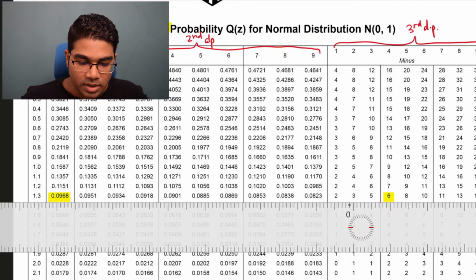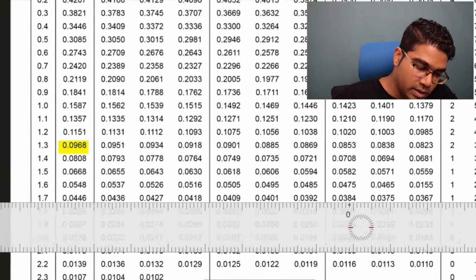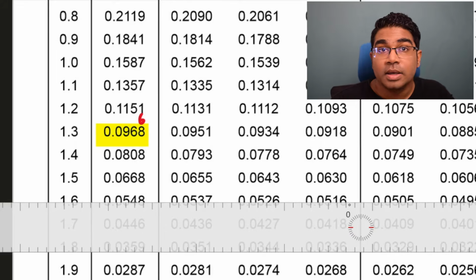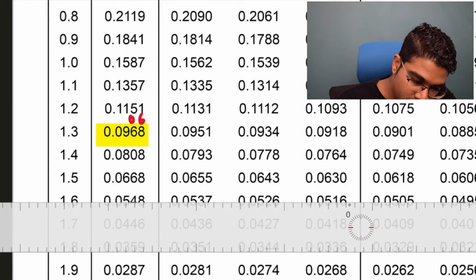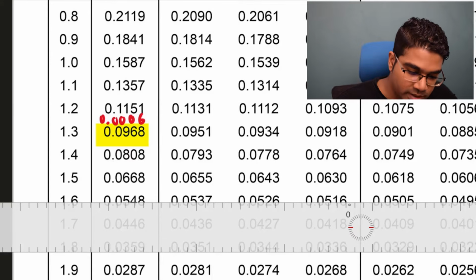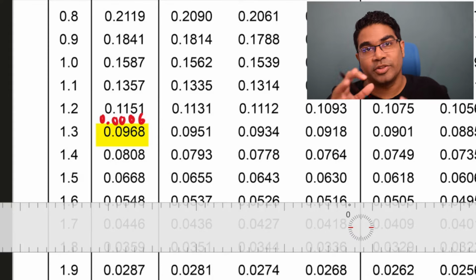How do we use this table? This value for the third decimal place, 6, write it at the end. Here 6, because the value is not actually 6, it is actually 0.0006. Whatever value you get for the third decimal place, you write it at the end of the value that you got for the second decimal place, and that's the actual value.